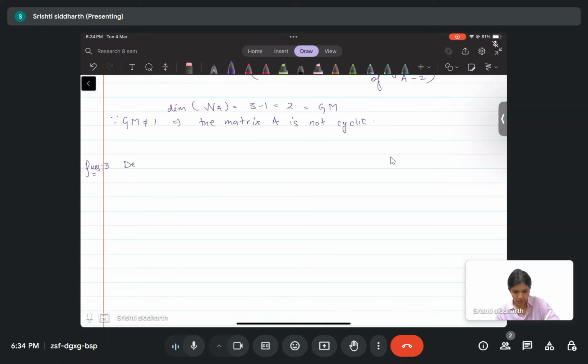So determine whether the matrix A equals 2, 1 minus 2, 0, 2 minus 1, 0, 0, 1 is cyclic. Again, we need the eigenvalues first.